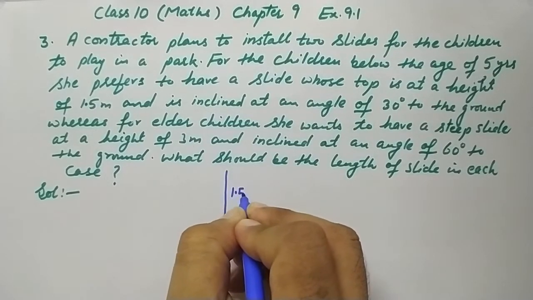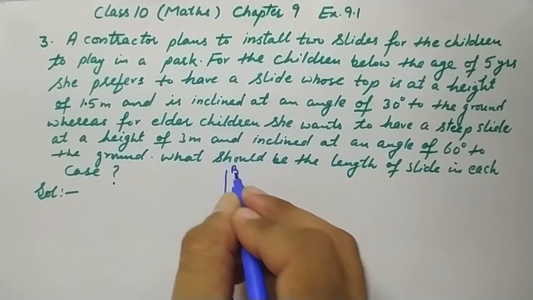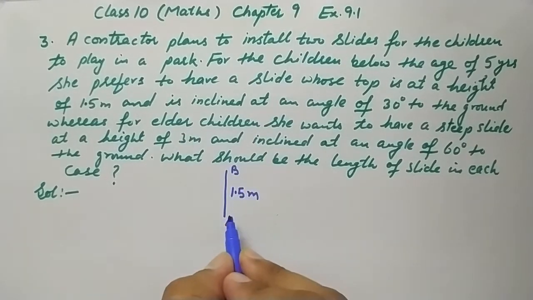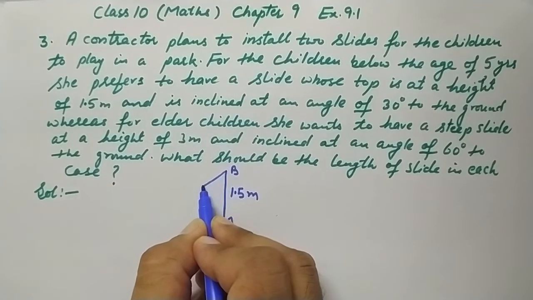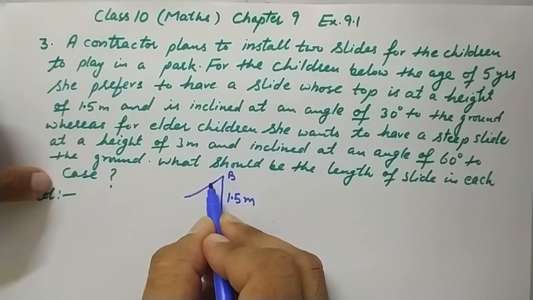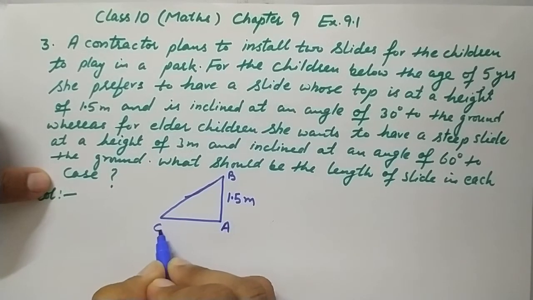See here, this is the height of the slide. Suppose AB is the height of the slide, which is 1.5 meter, and children will go up from here and will come sliding this way. So this is the length of the slide. BC is the length of slide.